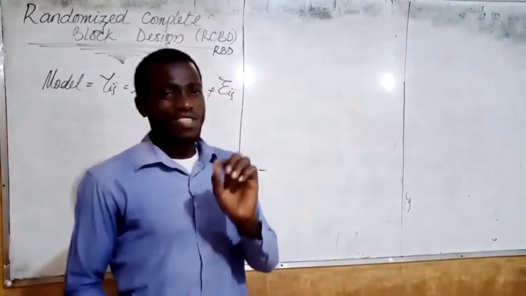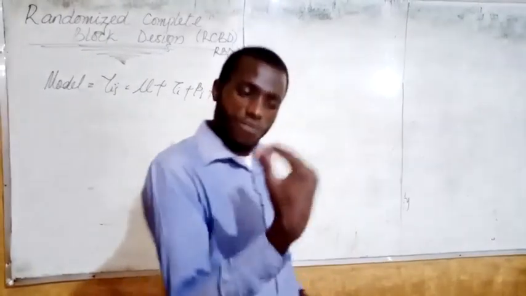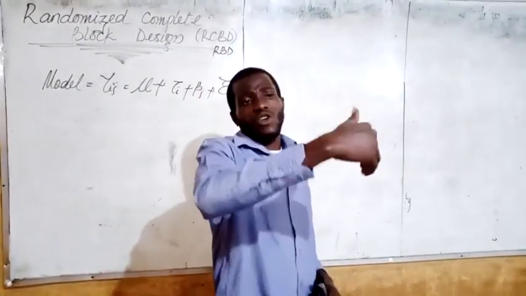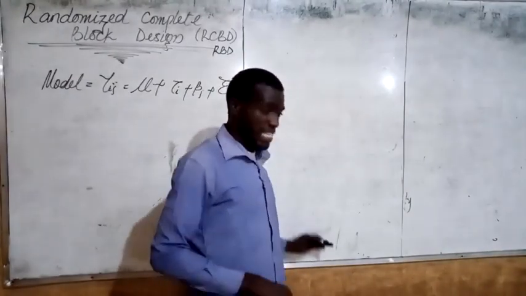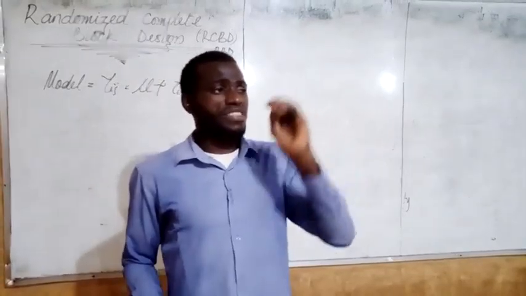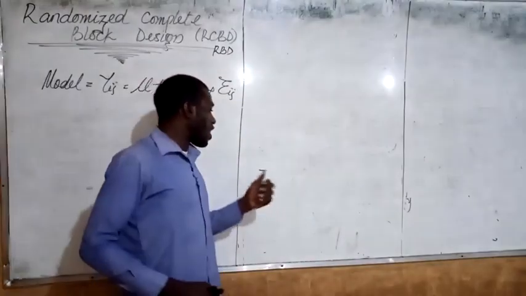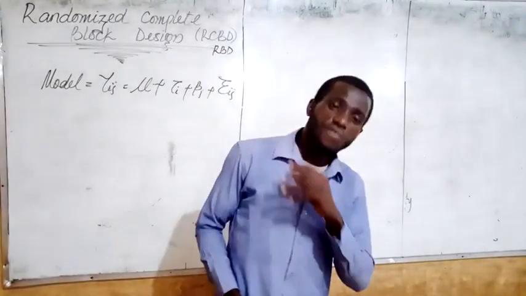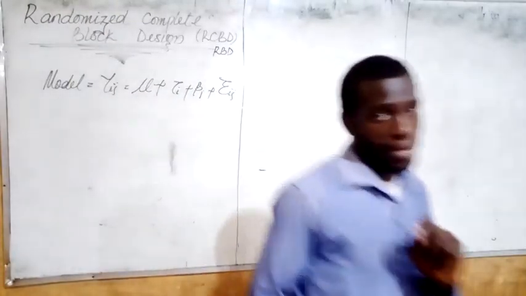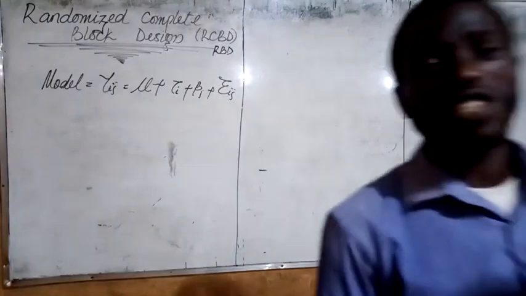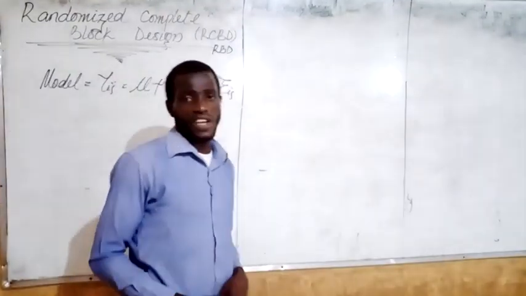Now, this is the implication of testing for a block. If you test for block and your F calculated for block is greater than your F tabulated, then it means that your analysis of variance has a high precision. But if your F cal for block is less than the F tab, then it means that your precision level is very low. Alright, so that is the only effect of that blocking.